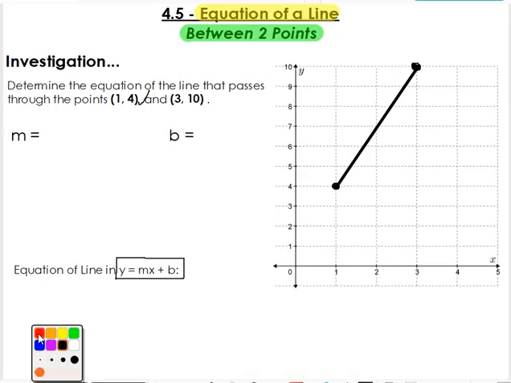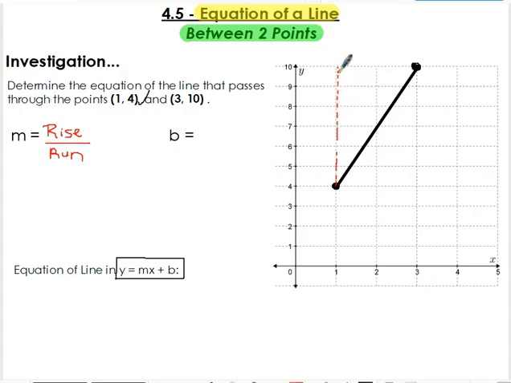Okay. So as we know, in order to get the slope of this line, we have to calculate the rise and divide it by the run. So when we have a look at this line, we count up for the rise and we count across for the run. If you start at this point 1, 4 and you start counting up, you see 1, 2, 3, 4, 5, 6.